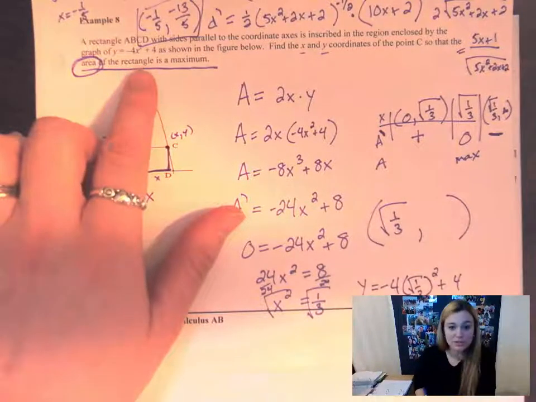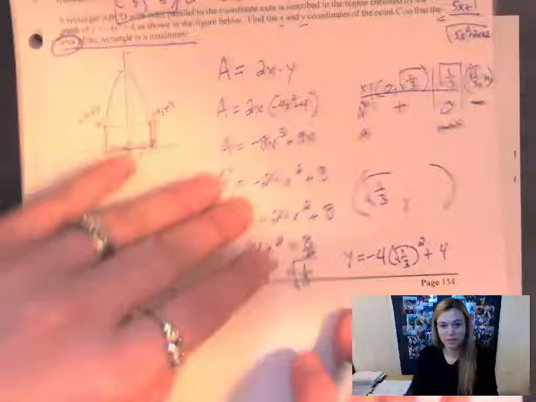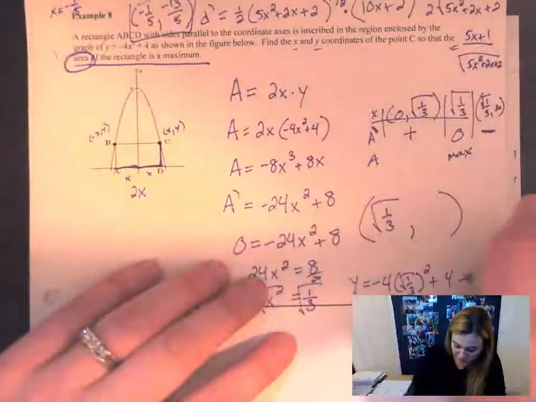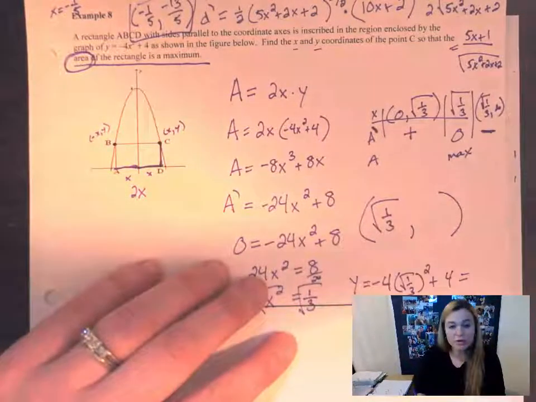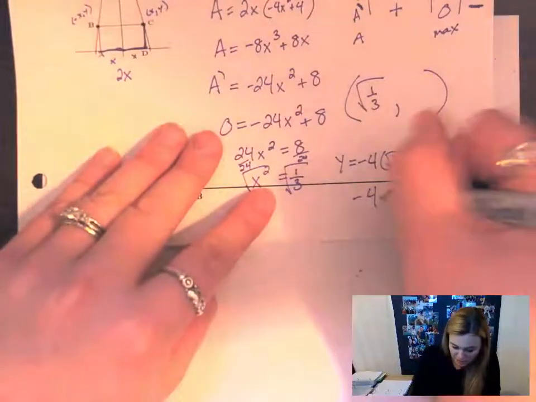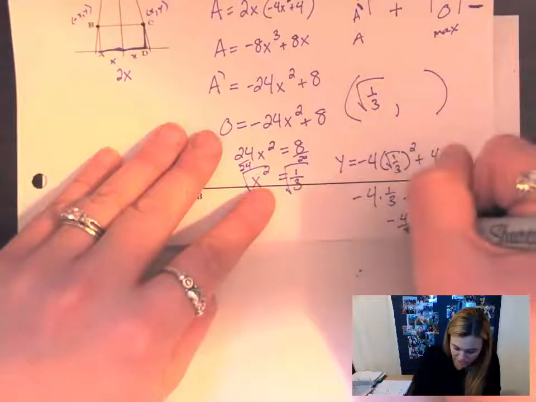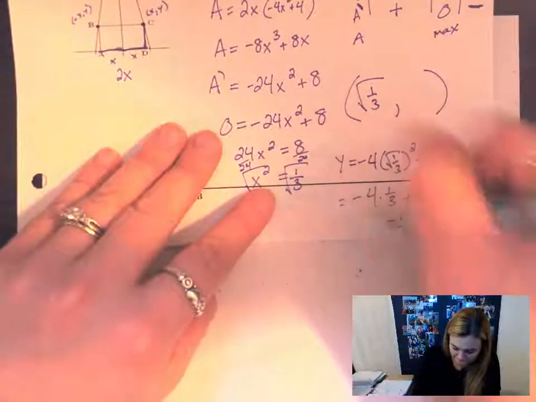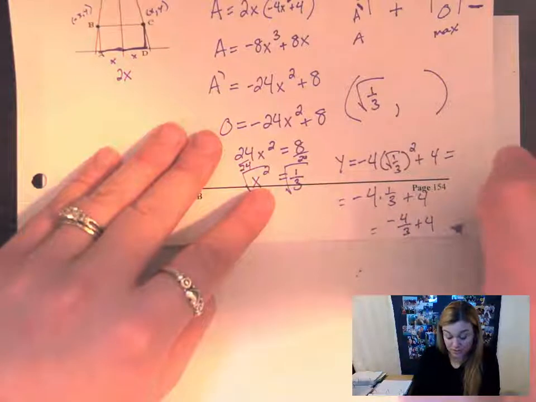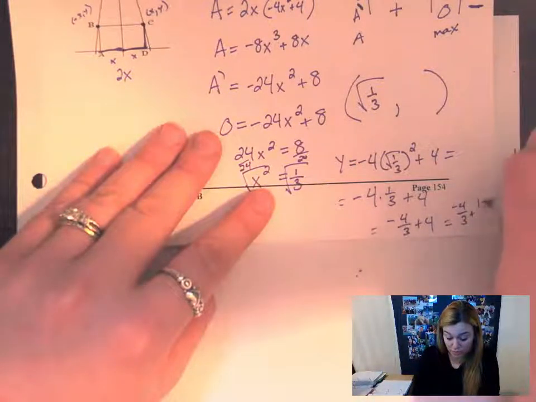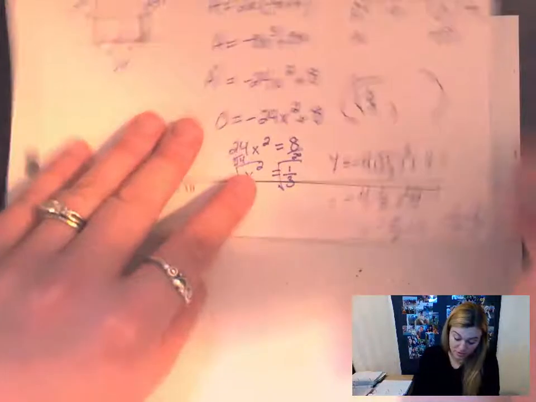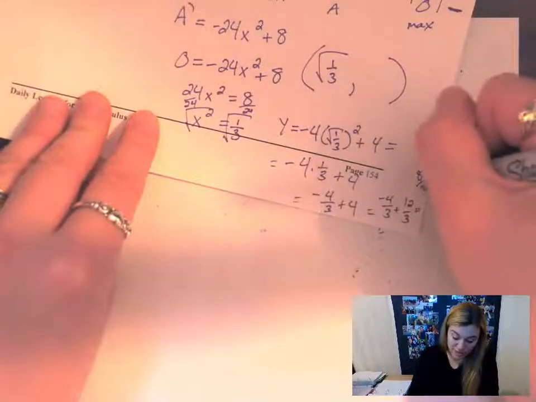I know x was the square root of 1 over 3, which means I can say this would be negative 4 times the square root squared, and the square root and square cancel out. That would be negative 4 times 1/3 plus 4, so negative 4/3 plus 4, which is the same thing as negative 4/3 plus 12 over 3. Final answer. Oh, I'm running off the page.